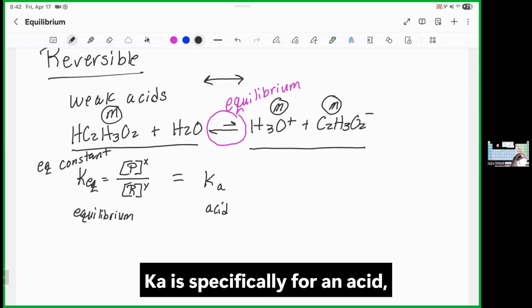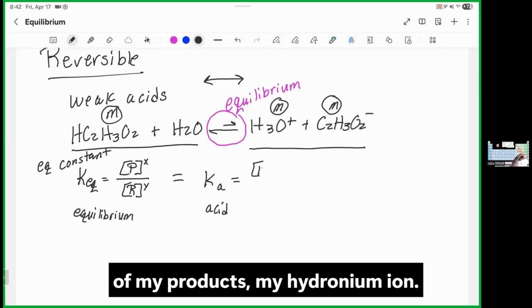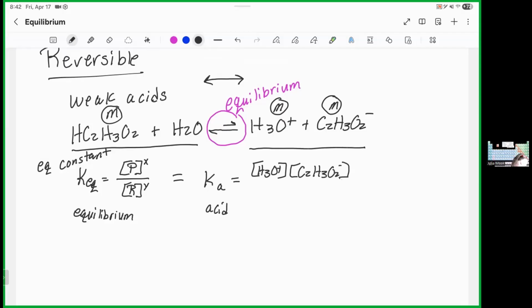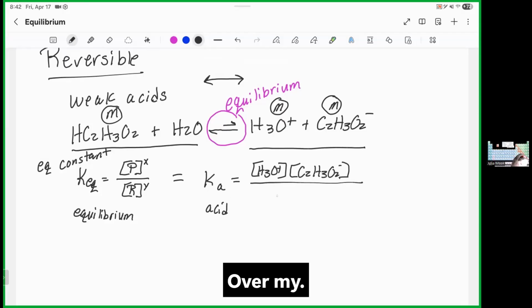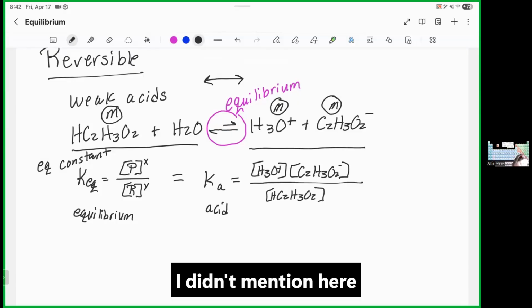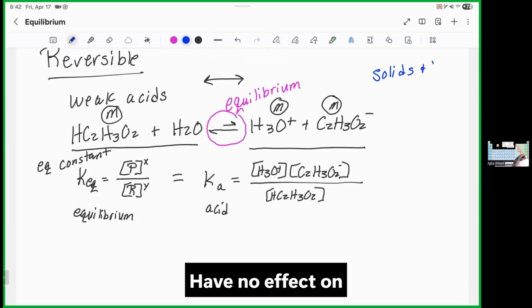Ka is specifically for an acid. So it'd be the concentration of my products, my hydronium ion, times my acetate ion over my acetic acid. Okay, something I didn't mention here is solids and liquids have no effect on equilibrium.